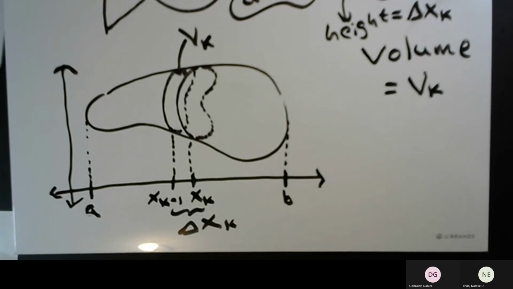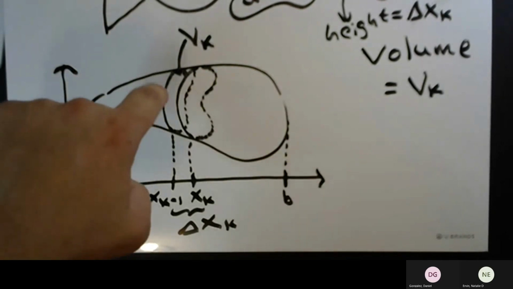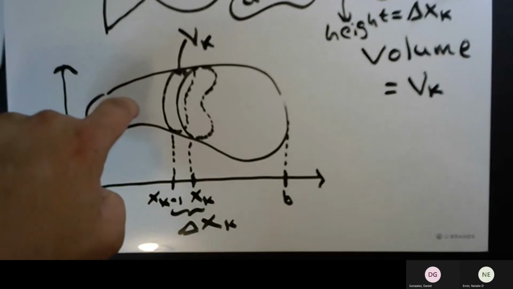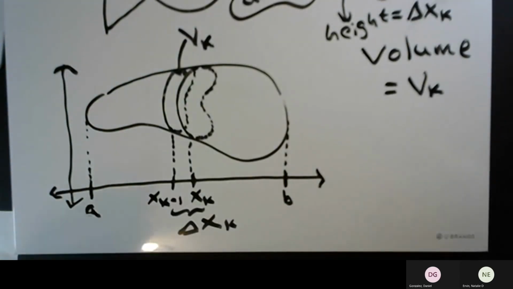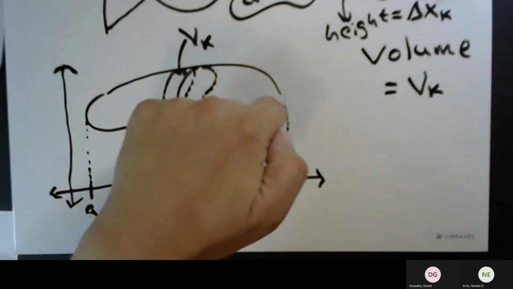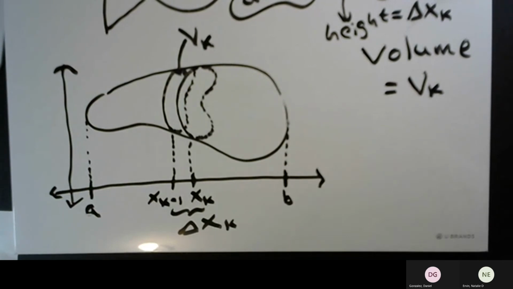So the idea is going to be this. Let's say of all these little cross-sectional areas with their little volumes attached, going from one end of this to the other, what we're going to do is add up all these little slices. And all these slices, as we go from one end to the other, are going to give us the volume of this shape.